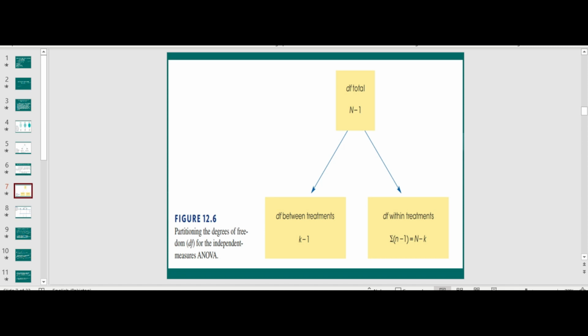Finding the degree of freedom follows the same pattern as the analysis of SS. First we find the DF for the total set of scores, and then partition this value into two components: degree of freedom between treatments and degree of freedom within treatments.